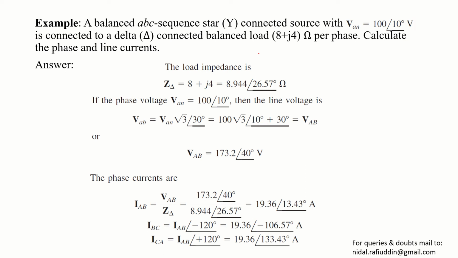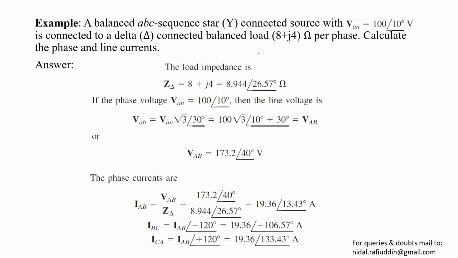Since it is written that the sequence is balanced, VBN and VCN will have the same magnitude as VAN, but the angle will be 120 degree shifted from it. So VBN will be lagging VAN by 120 degree, which means it will have an angle of 10 minus 120 degree, and VCN will be lagging by an angle of 240, so VCN will be written as 100 times angle 10 minus 240.